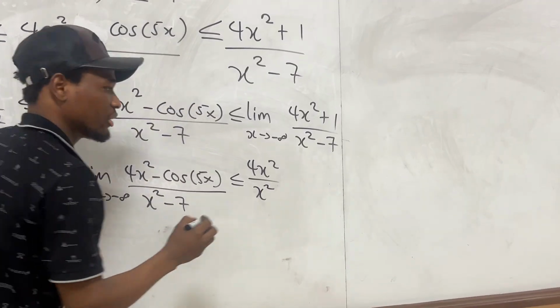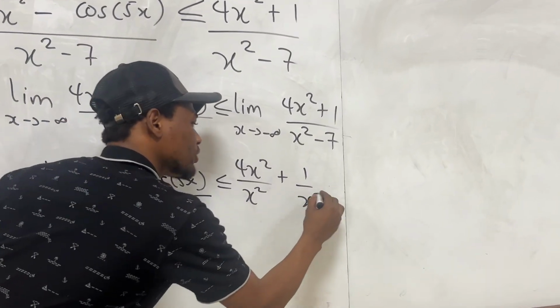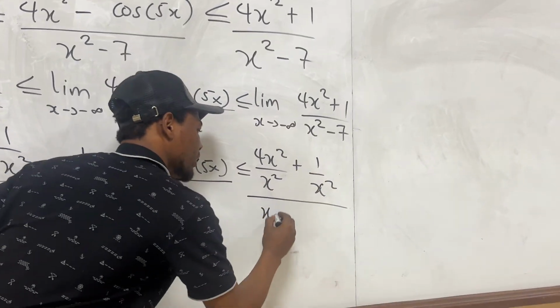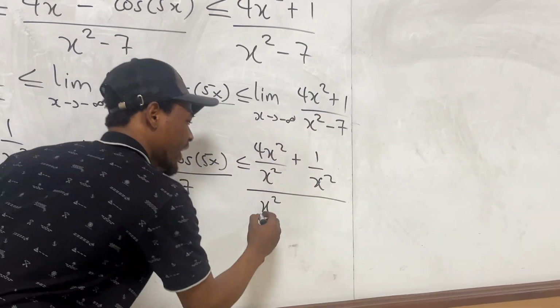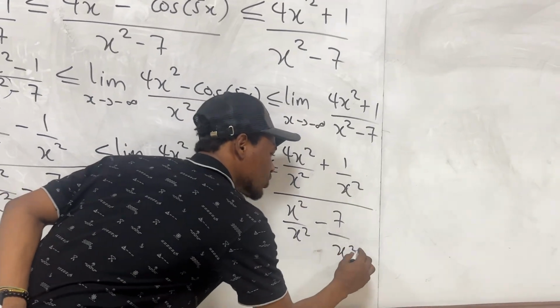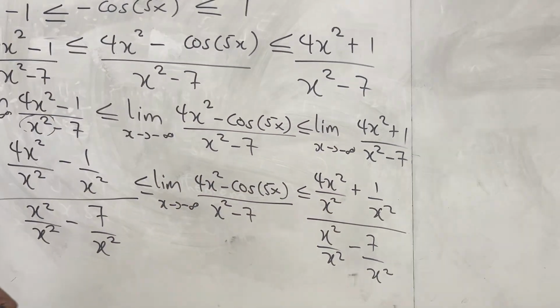X squared. Then plus 1 over x squared, then all over the denominator x squared over x squared minus 7 over x squared. As simple as that.